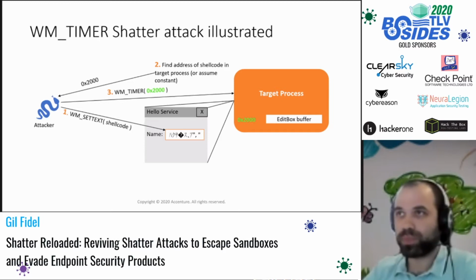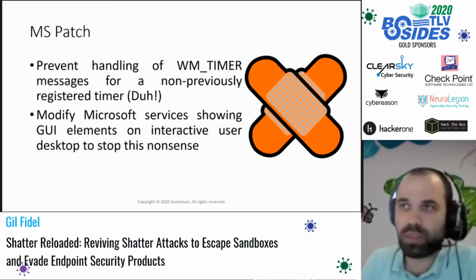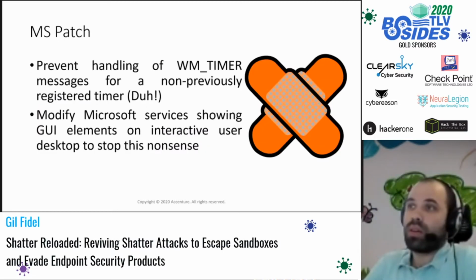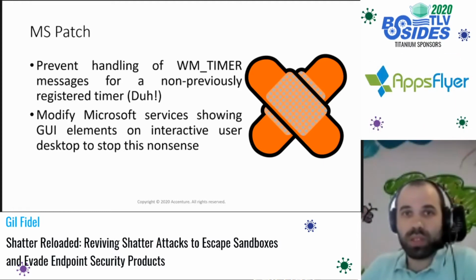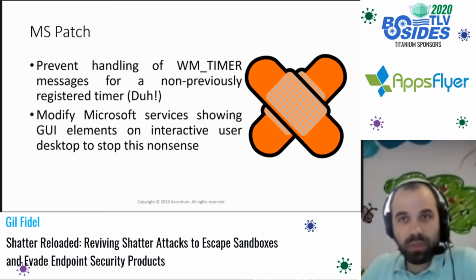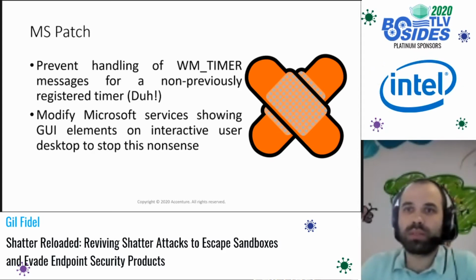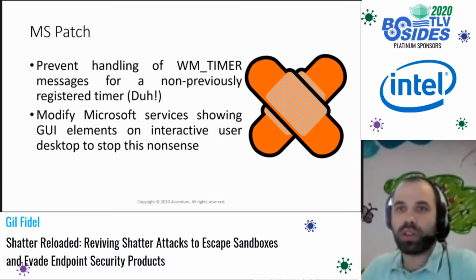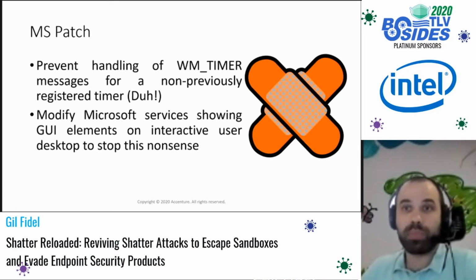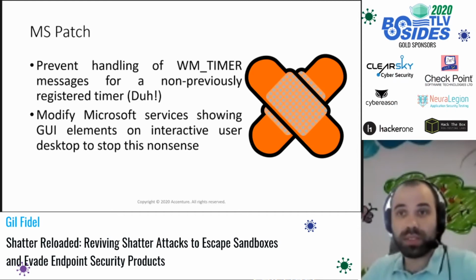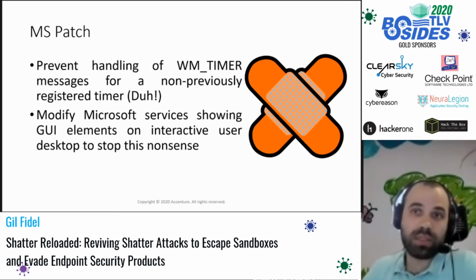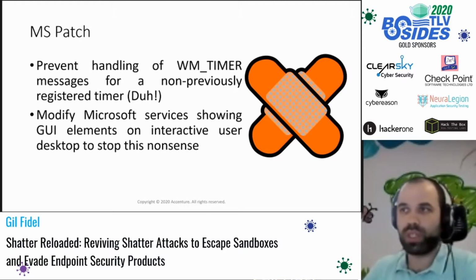Pretty simple. So Microsoft, of course, patched this. Well, the first patch was actually to not handle WM_TIMER messages for a non-previously registered timer, which seems kind of obvious and quite funny they didn't do it like that in advance. So what this means is that an attacker now has to first call the SetTimer API in the context of the target process, which is something he cannot do unless he already has some code injected into it, which kind of defeats the purpose, so that was good.